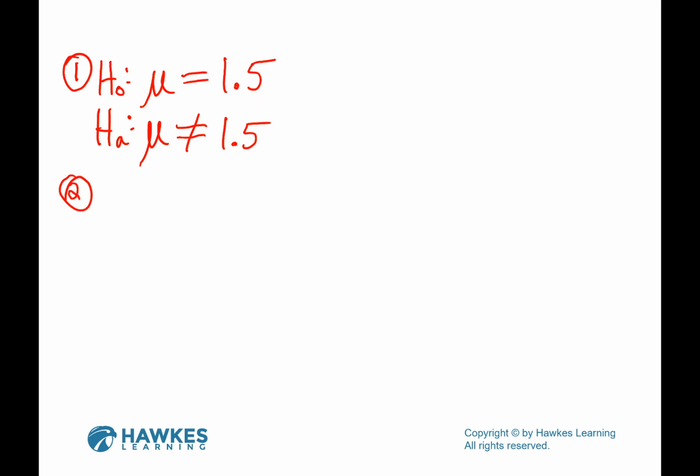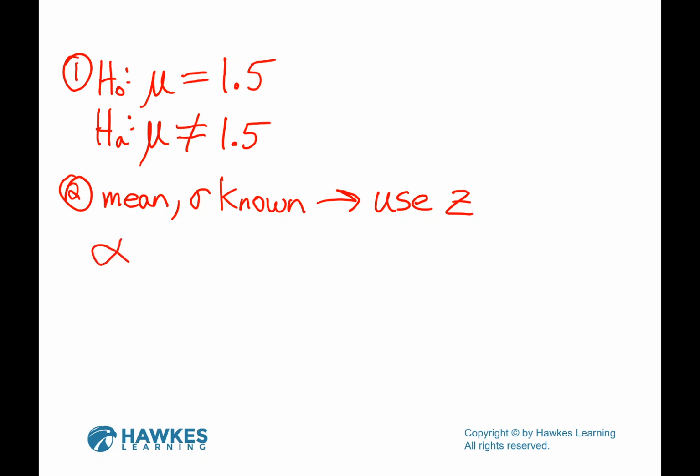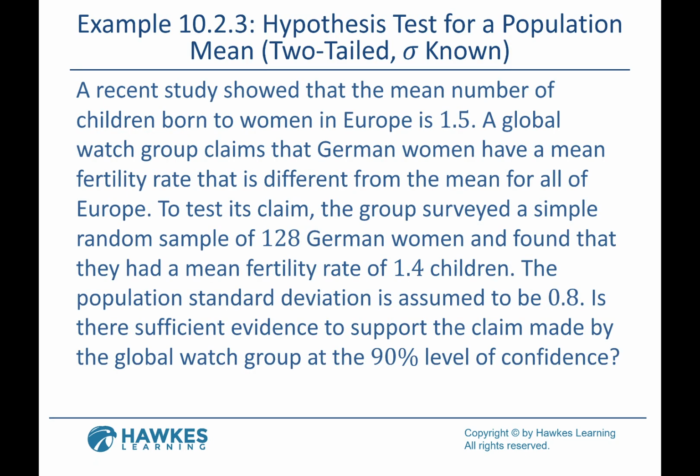Step 2, same as the others. Okay, we're dealing with means. We know sigma. So we're going to use z. And we want our significance level, alpha. Again, this one's giving us confidence instead, way down at the bottom.